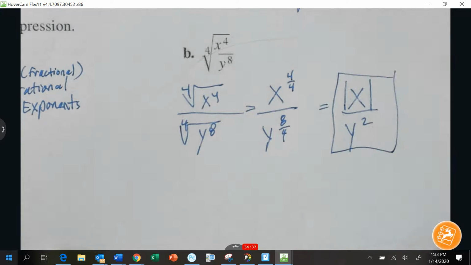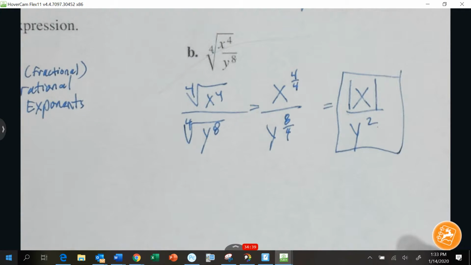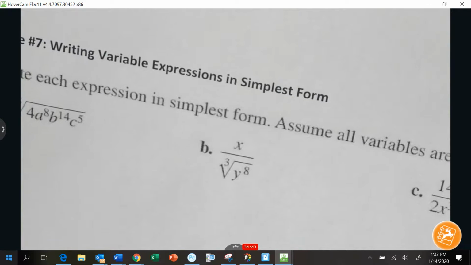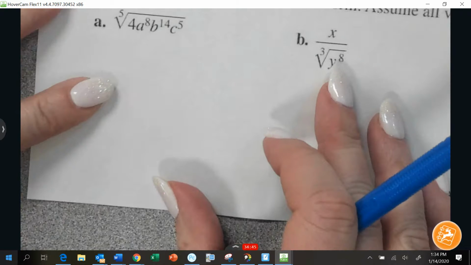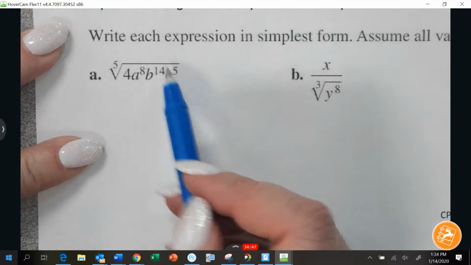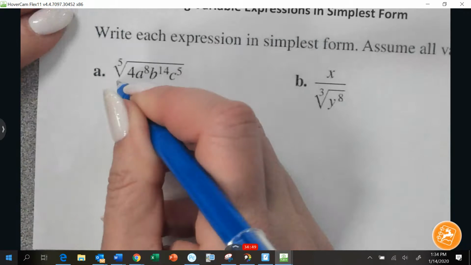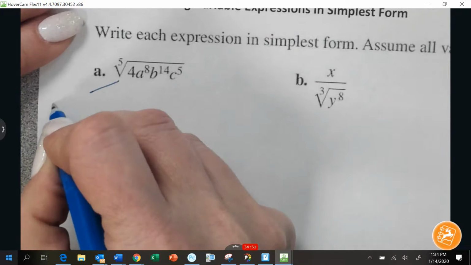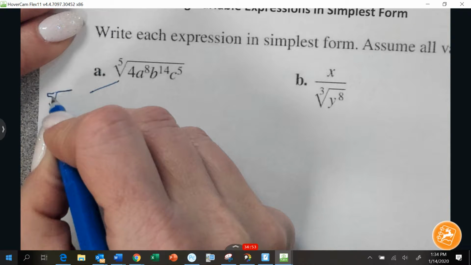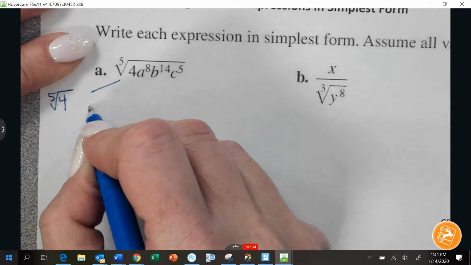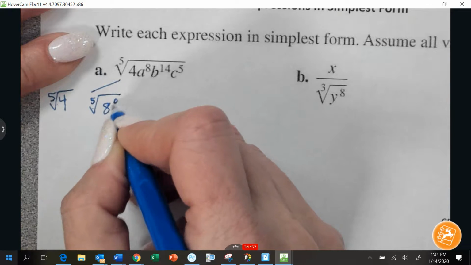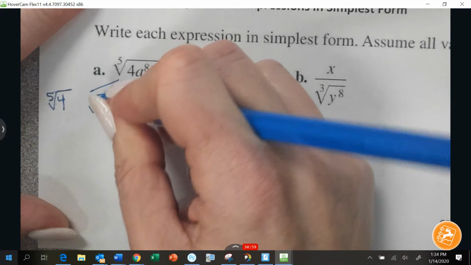Has to be even, odd before you get an absolute value. So that one just gets the absolute value by itself. We're almost done. Let's look at A, because this one is not going to go evenly in. So what I would do first is I would separate, and I'd have like the 5th root of 4. I will write it as the 5th root of a to the 8th, or a to the 8th, not 8.